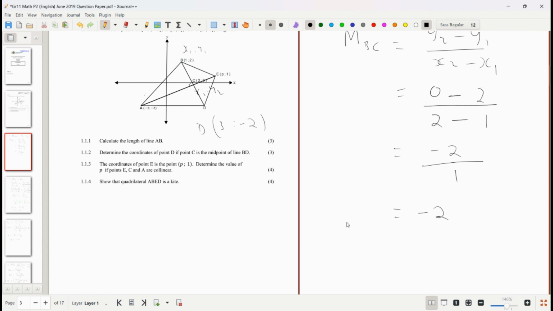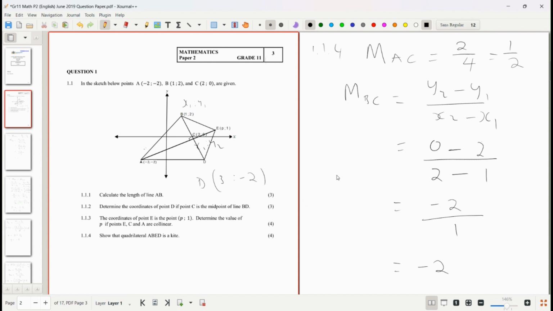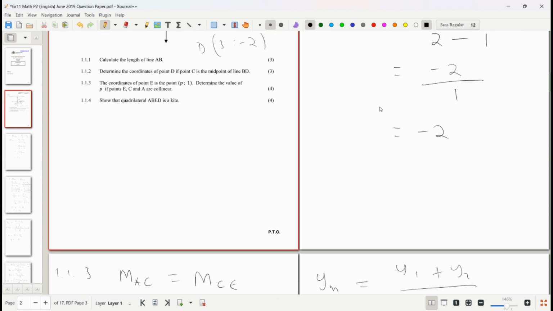So what do we know for the gradients to be perpendicular? The product of the gradient of AC and the gradient of BC must give us negative 1 for it to be perpendicular.